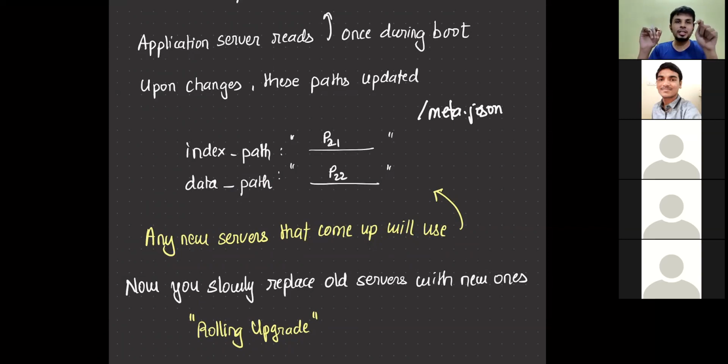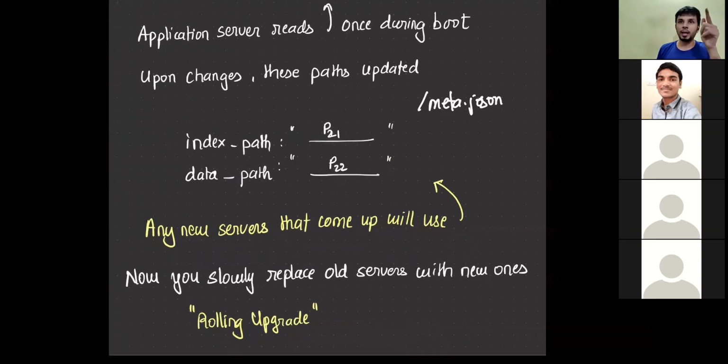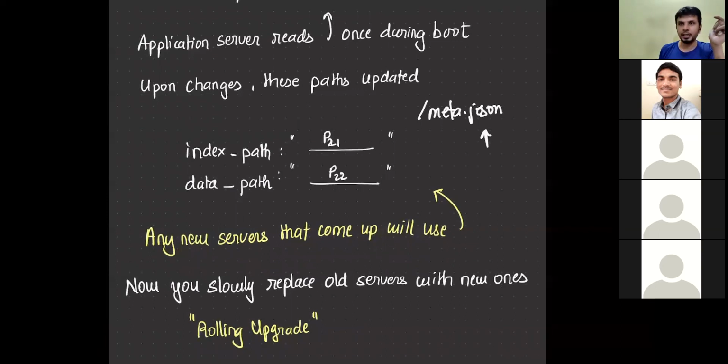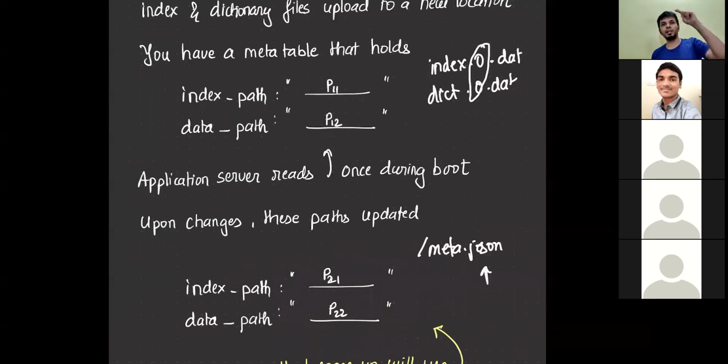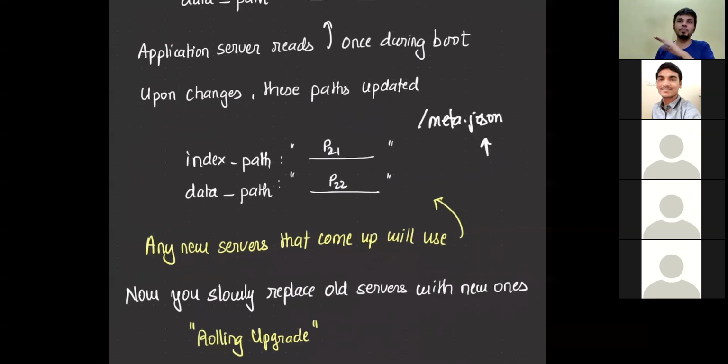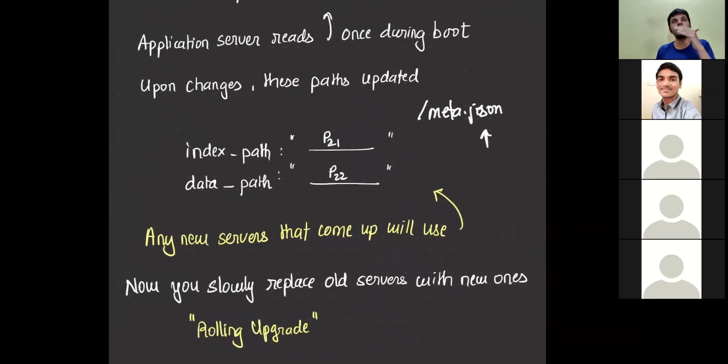Now, if this path got changed, it means this same file got updated. You have separate files for index and dictionary, but the meta file would always be replaced whenever your job runs. So new servers that spin up would all load the new paths, P21 and P22.